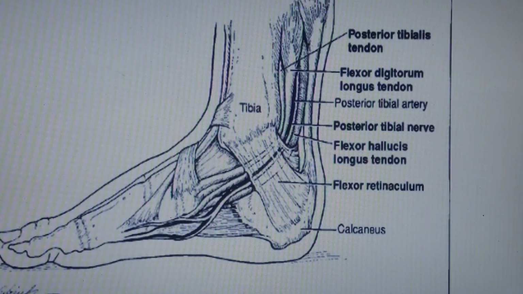Then its nerve will follow, that's the posterior tibial nerve, because this is the posterior aspect anyway. And then followed by the tendon of flexor hallucis longus. So if they ask you to mention the structures that pass deep to the flexor retinaculum, you can mention all these structures, neurovascular structures together with mainly these tendons of the muscles of the posterior compartment of the leg.